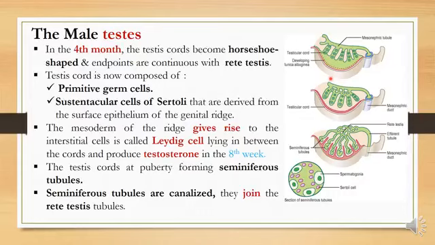In the fourth month, the testis cords become horseshoe-shaped and their end points connect with the rete testis. A testis cord is now composed of the primitive germ cells and supporting cells, the Sertoli cells.